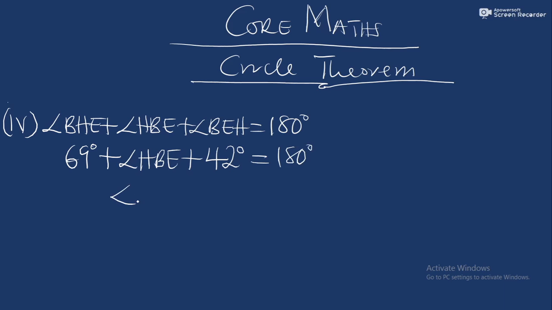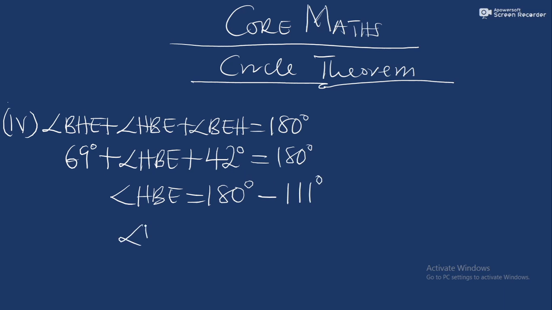So we'll have angle HBE equals 180 degrees minus, so 69 plus 42 will give us 111 degrees.